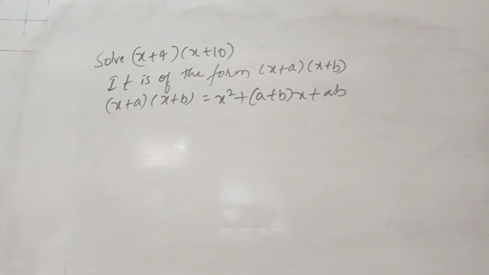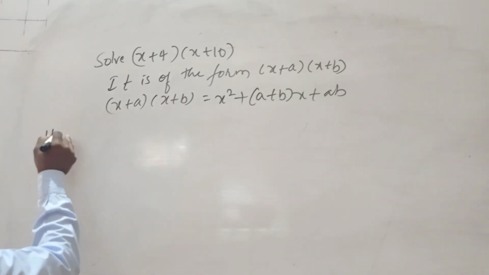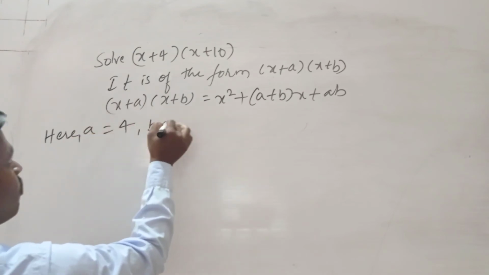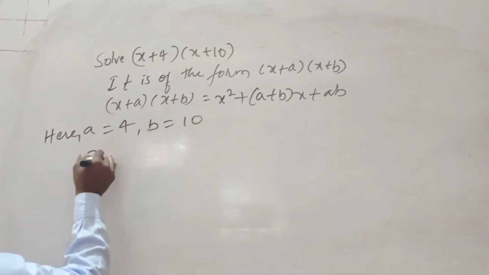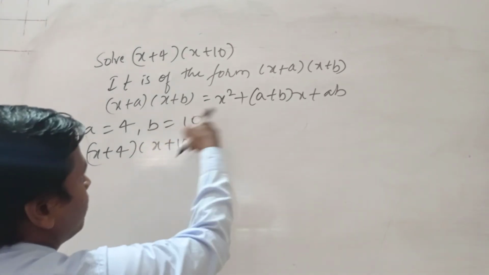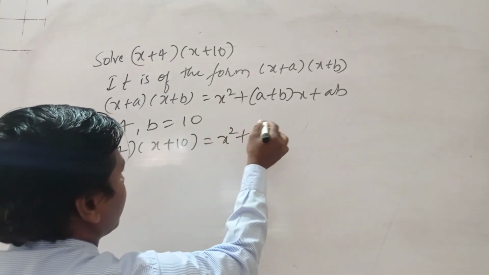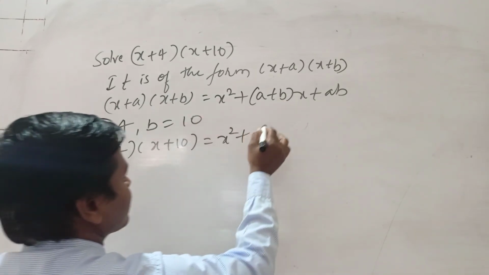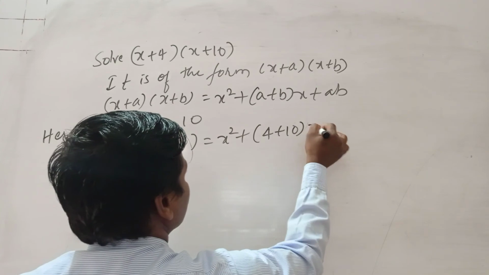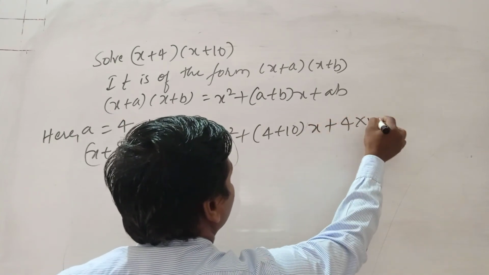Now a equal to 4, b equal to 10. Here a equals 4, b equals 10. (x + 4) into (x + 10): what will it become here? x square plus (a + b), 4 plus 10, into x, plus 4 into 10.